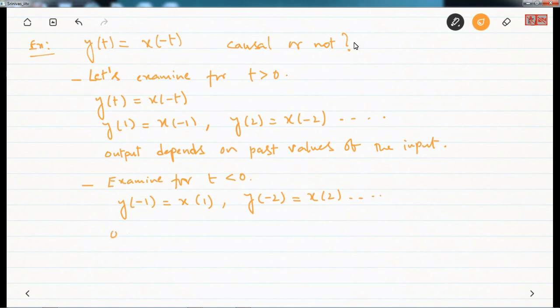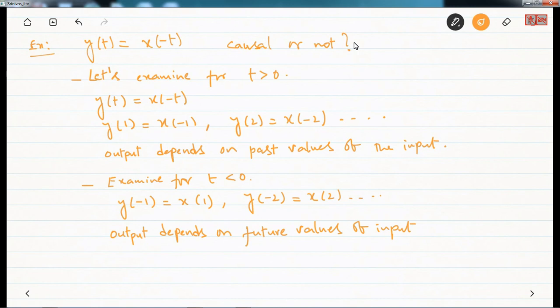So here the output depends on future values of the input, because right now I want the output at t equal to minus 1, but that output is depending on the input at time t equal to plus 1. So I am at minus 1 and I have to know what the input signal is at plus 1, right?